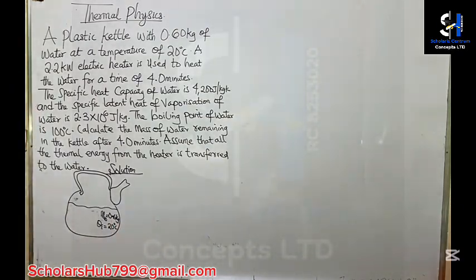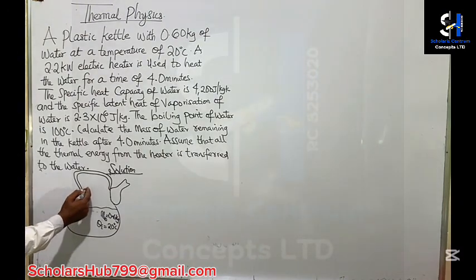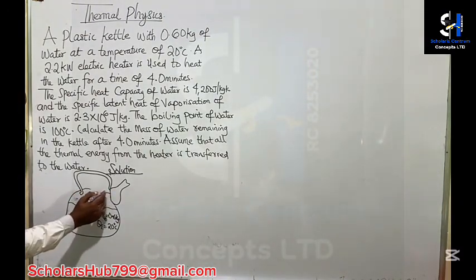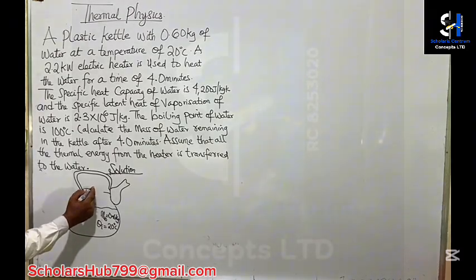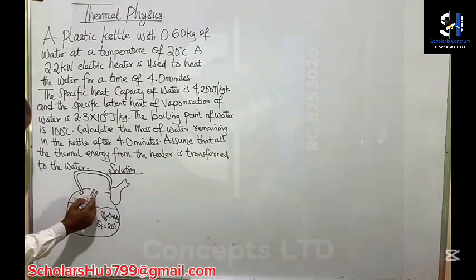We have that a 2.2 kilowatt electric heater is used to heat the water. So let's say we have a 2.2 kilowatt electric heater. Let me draw it this way. Electric heater, this is the terminals.